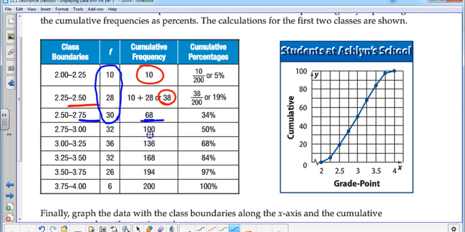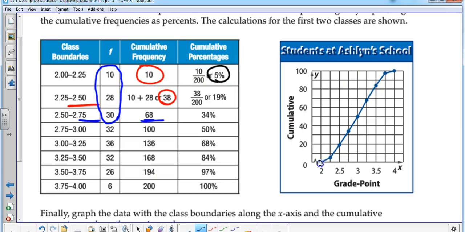What did they add to get to 100? They added these 32 into the next group, okay? Now, how many people were there in this survey? Do you remember? 200. So then they divided each of these cumulative frequencies by 200. So by the time we've hit 2.25, we've only accumulated 5% of the people there.